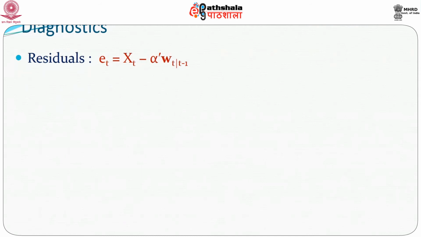So it's a sort of a predictor that we get from the Kalman filters. Substituting this for Wt in the first equation, the observation equation, we get epsilon t is equal to xt minus alpha prime Wt given t minus 1, and that is what we call the residuals, because we are now substituting Wt by its predicted value.